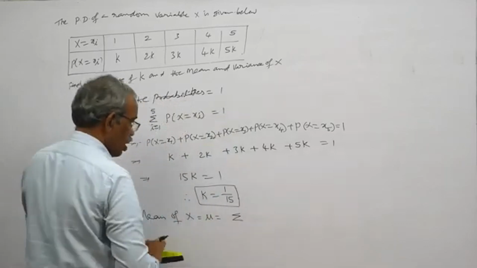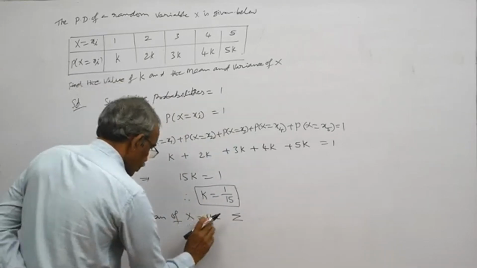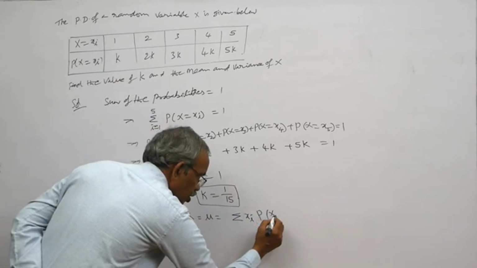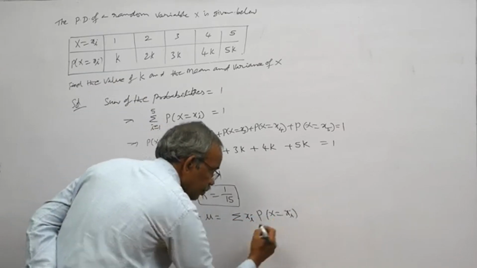The variance of x is equal to sigma xi minus mu whole square into probability of x equal to xi.